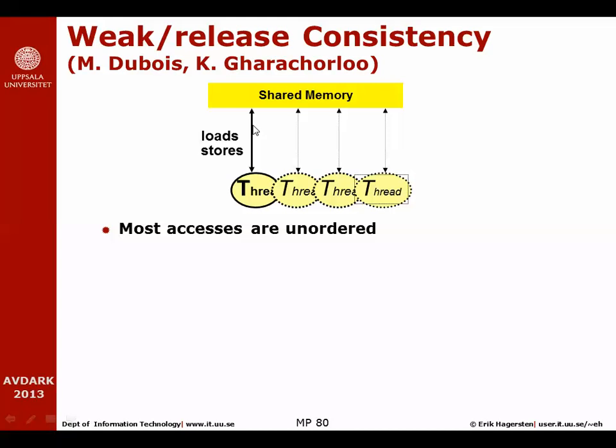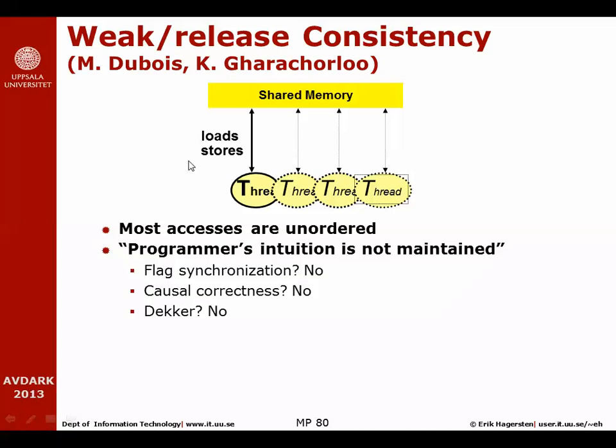You, as a programmer, have to really be on your toes, and you have to help us. You have to tell us all the time that you care about where you want things to be ordered. That means that if you as a programmer don't do anything specific, none of these cases, flag synchronization, partial correctness, or Dekker's algorithm, will work.